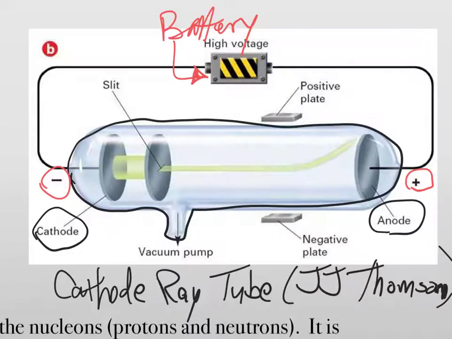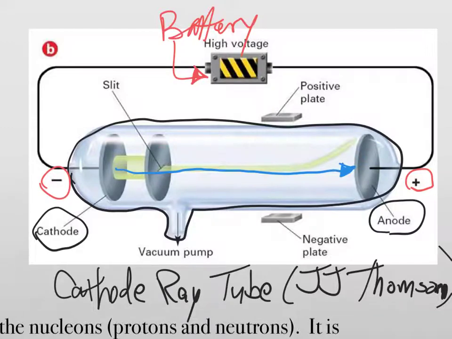So the battery sends out electricity to the plates, and JJ Thomson noticed that when he turned this on, a beam formed, and it always traveled from the cathode towards the anode. So he called it a cathode ray, since it's emanating from the cathode. Okay, so it traveled in the left to right direction in this picture.